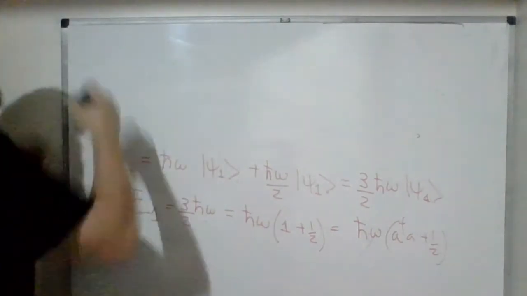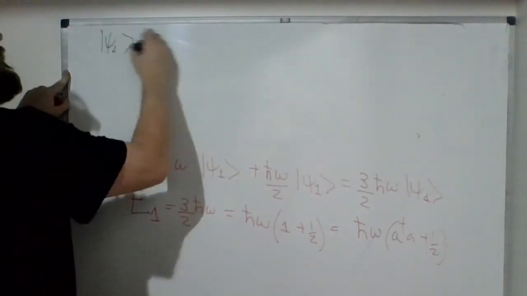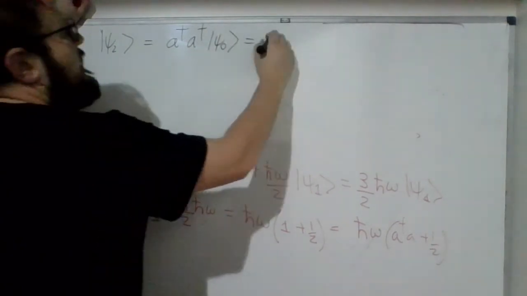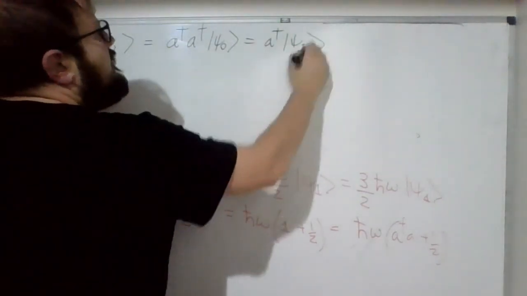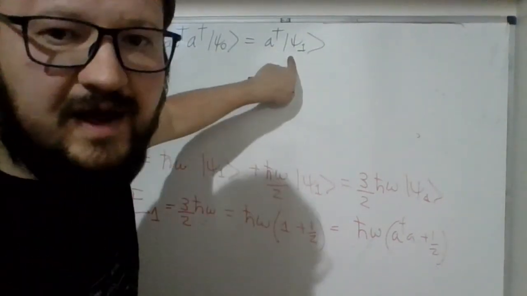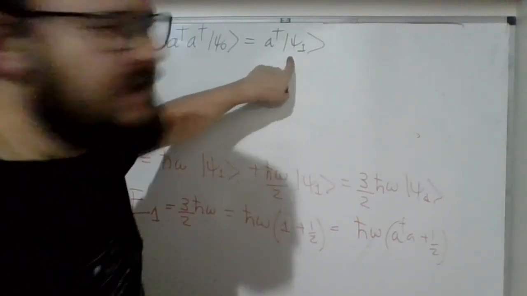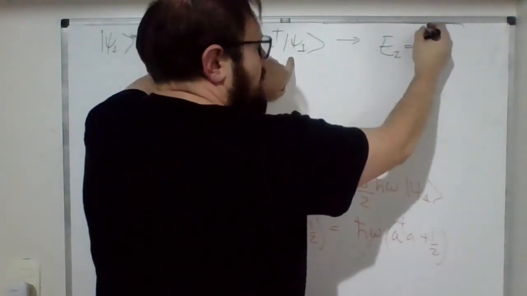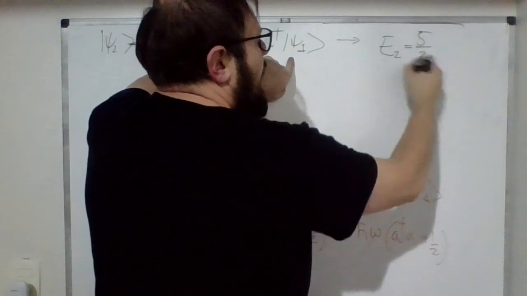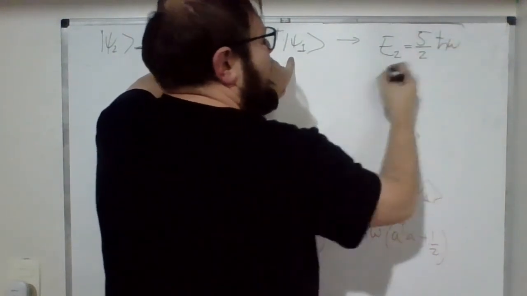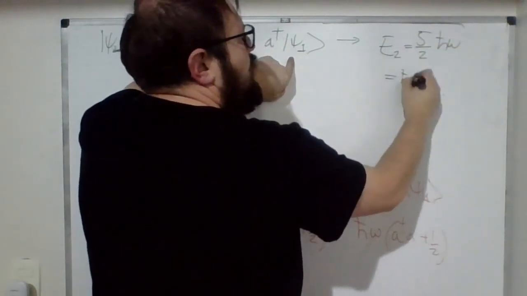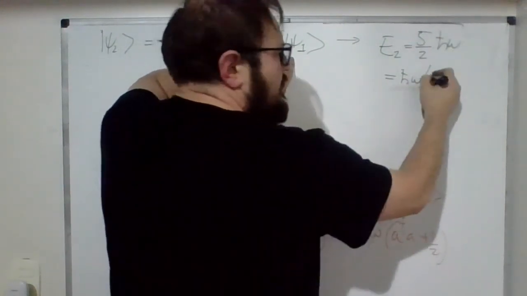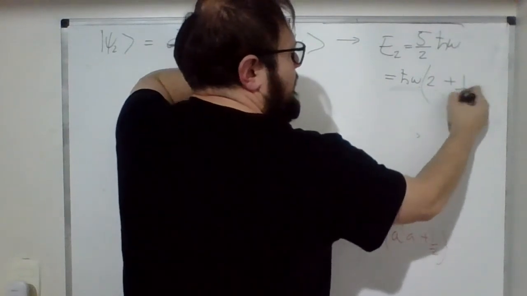If now you insert another solution of the form some psi 2 corresponding to a dagger psi 0, which is a dagger applied to psi 1, you'll find out this also satisfies the eigenvalue equation, but this E2 energy corresponds to 5/2 of h bar omega, or h bar omega times 2 plus 1/2.